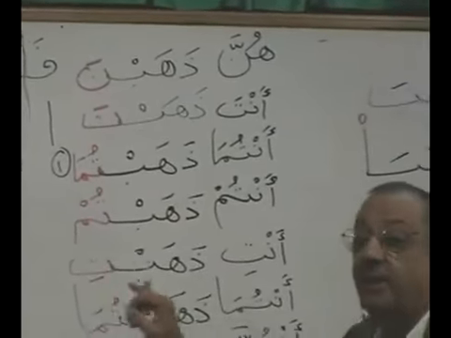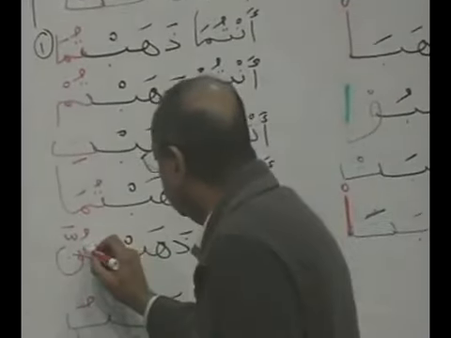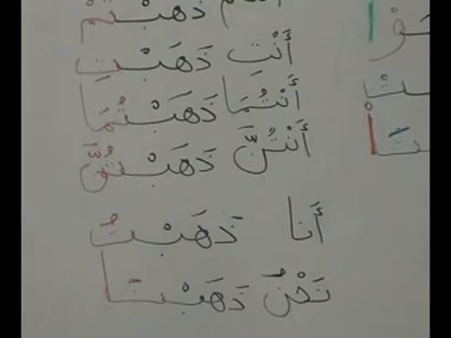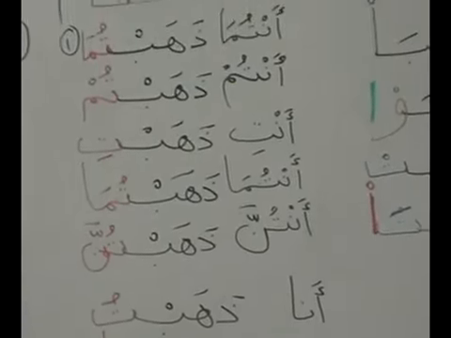Tum, then ti, and then tuma, and then tunna, and then tu and na. They are proper vowel signs. We call them harakat, tashkil. So then the scholars say that this group is mutaharrik pronouns.